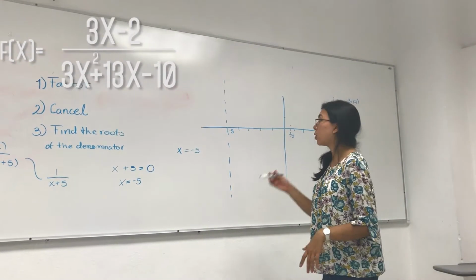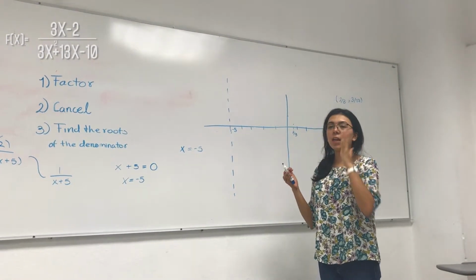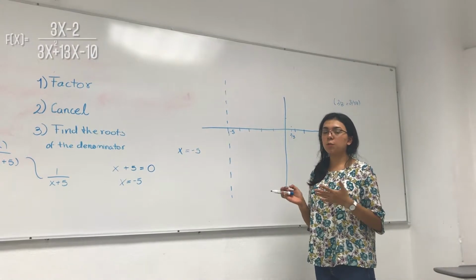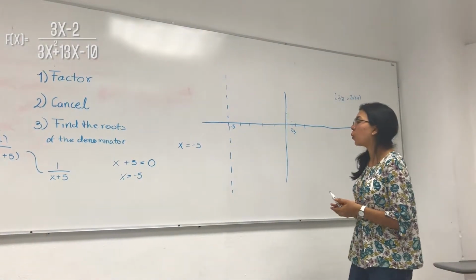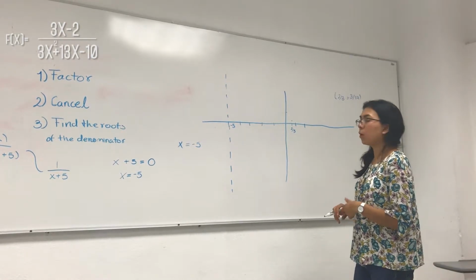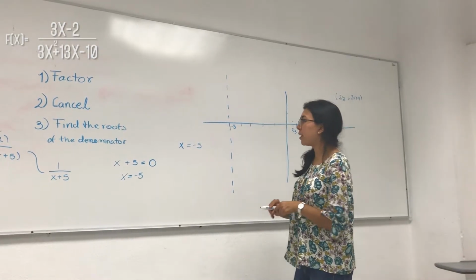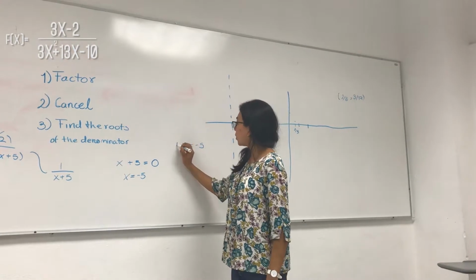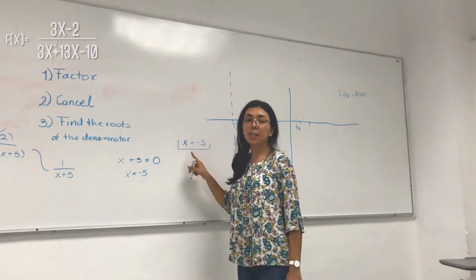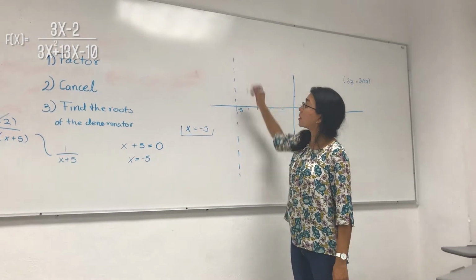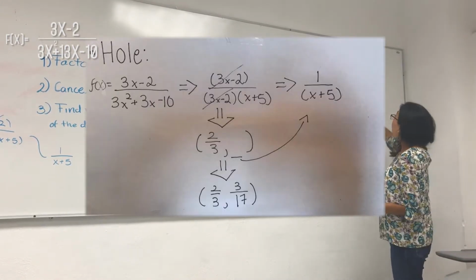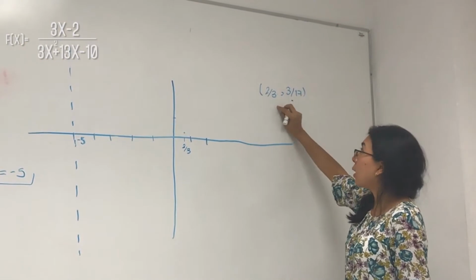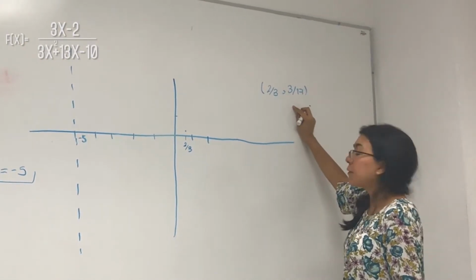Okay, so our domain. The domain is the possible values for x in the graph. So we know already that we have a vertical asymptote at x equals minus 5. So it's this line. And we already know also that we have a hole, which is at 2 over 3, 3 over 17.